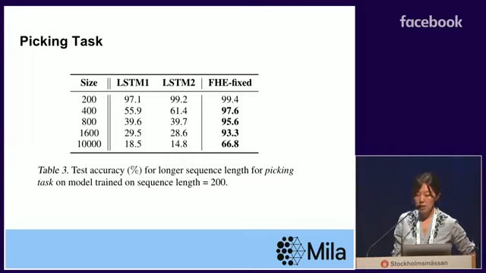As you can see, for the baseline model, even going from a sequence length of 200 to 400, the performance dropped significantly from almost perfect to around 60%, whereas our model performs almost the same. And if you look at the results for the sequence length of 10,000, the baseline models perform only slightly better than guessing, but our model still performs over 66%.